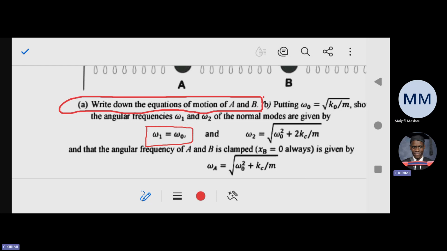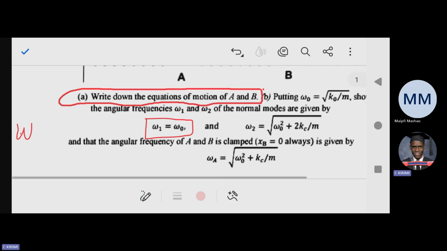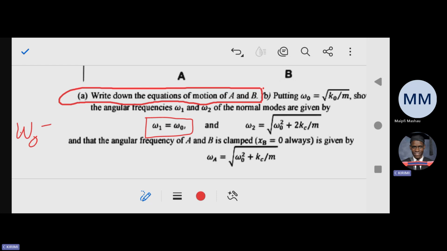So for something to be W0, this W0 must be equal to the square root of K naught over M. That is the formula for W0. So if we are looking for the first root, they've already indicated that the first root must be equal to W1 naught.